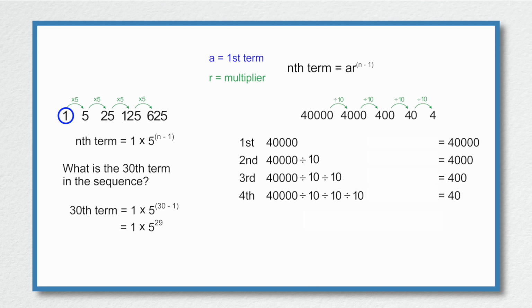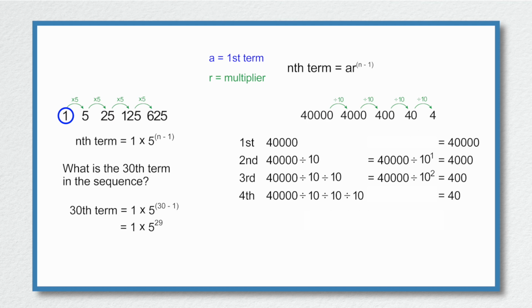And again, we have a relationship. For the second term, we have 40,000 divided by 10 to the power of 1. For the third term, we've got 40,000 divided by 10 divided by 10, which is the same as 40,000 divided by 10 to the power of 2.